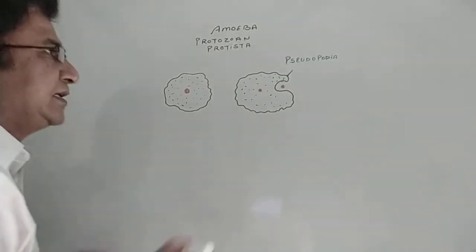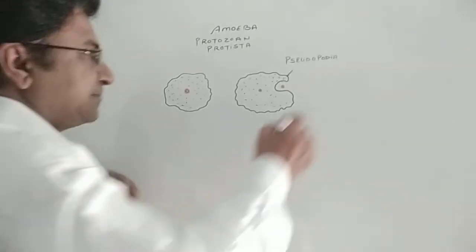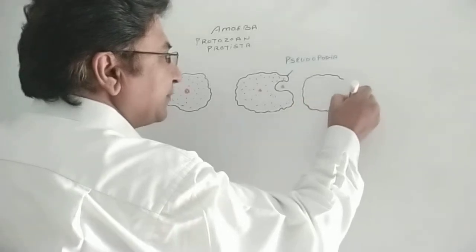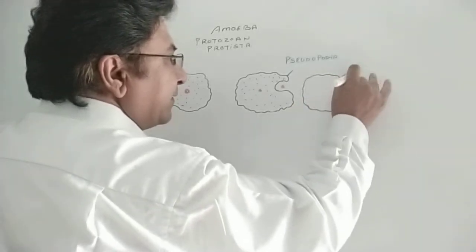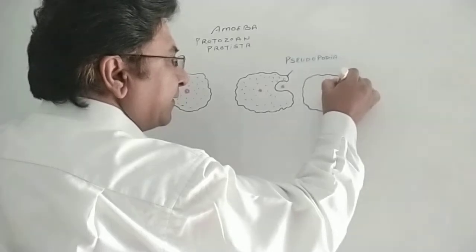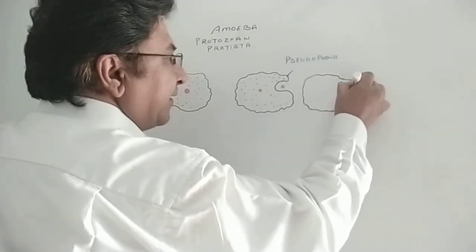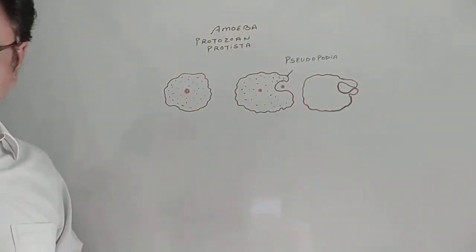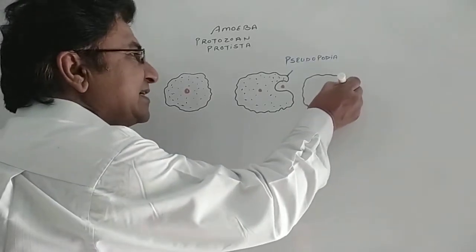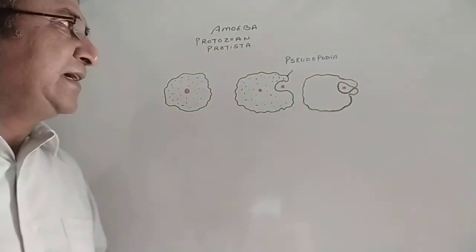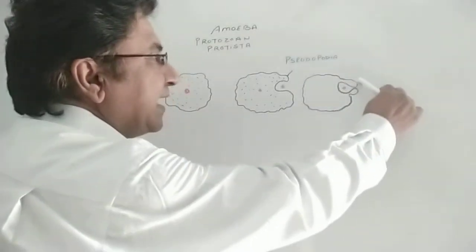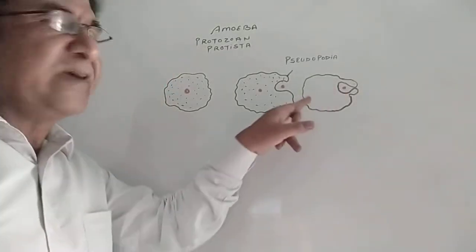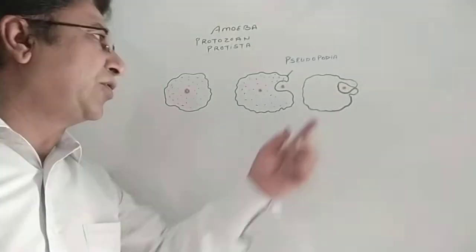Let's make another diagram to understand it. In these false feet which are being produced, the food material is being engulfed inside. The outer membrane again gets enclosed, and inside a vacuole the food material is engulfed in the body.